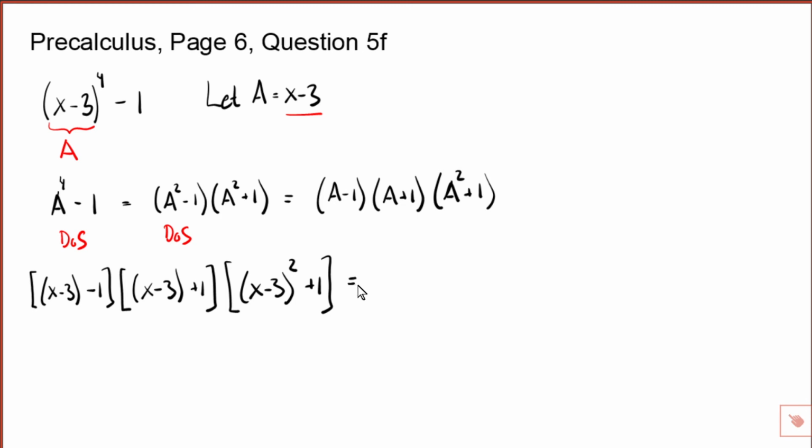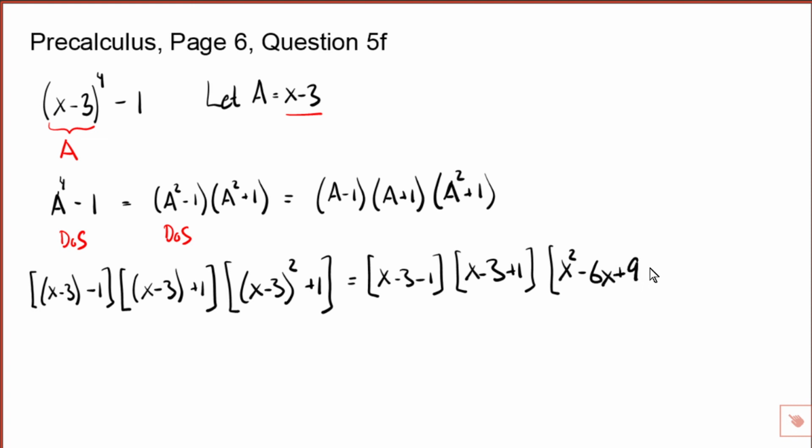In the first bracket, if I remove the brackets around x − 3, I just get x − 3 − 1. Then we get x − 3 + 1. And if I expand the last expression, I get x² − 6x + 9 + 1 at the very end.